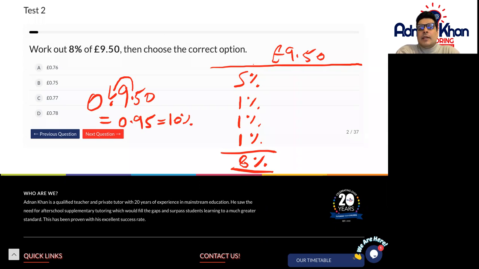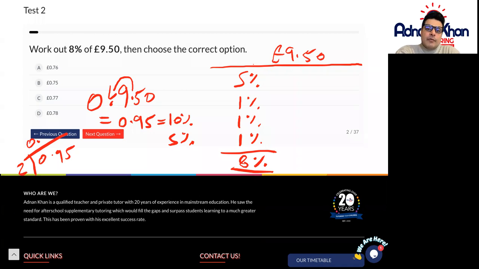Now we need to work out what 5% is going to be. So we're going to half 0.95, and we're going to divide it by 2. So let's just divide that number by 2, because 5% is half of 10%. So 2 cannot go into 0, so stick a 0 there.